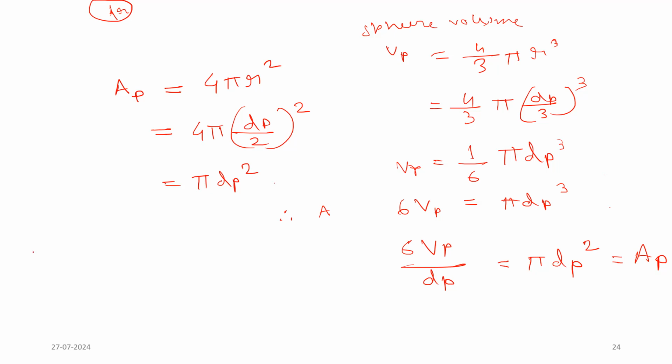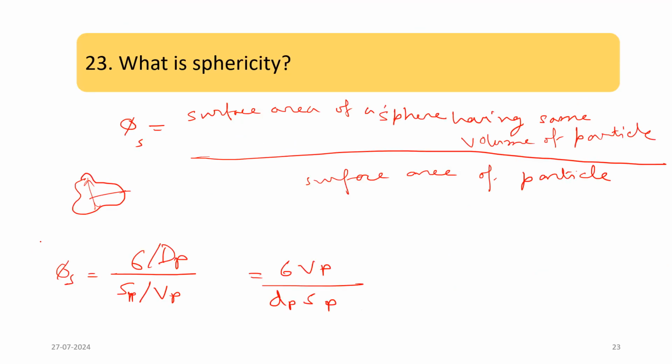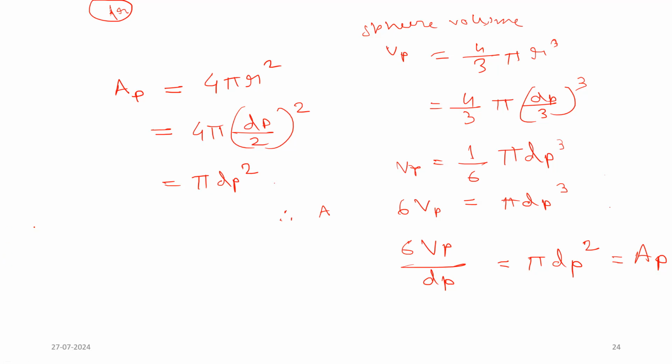Now if we go back to the formula, phi s is the surface area of the sphere divided by the surface area of the particle. So phi s will be the surface area of the sphere, that is Ap, and the surface area of the particle, suppose Sp is the surface area of the irregular shaped particle.